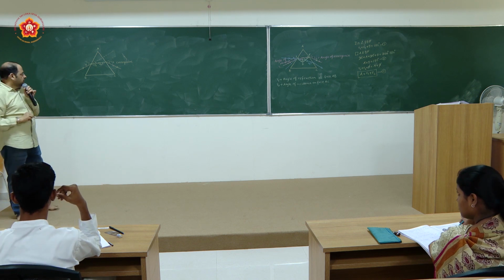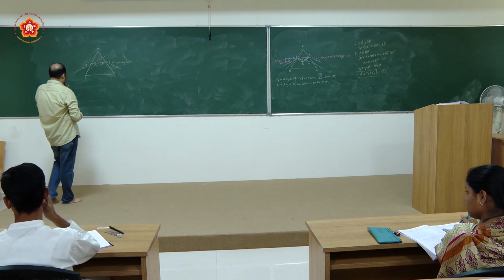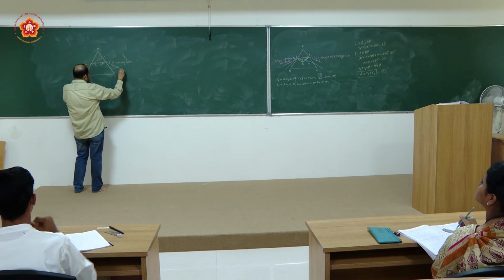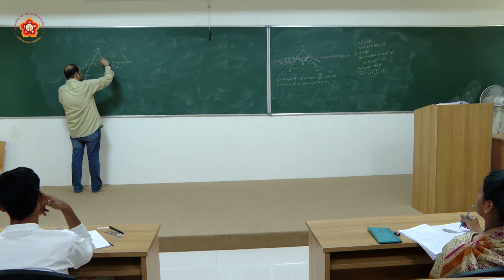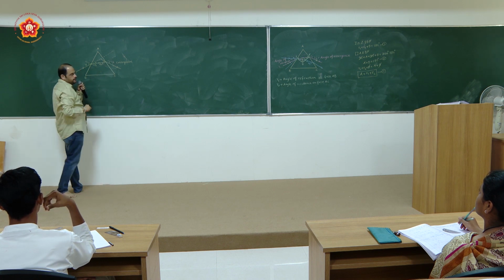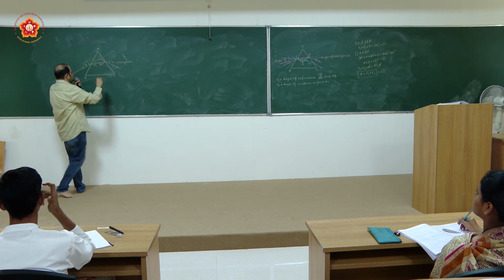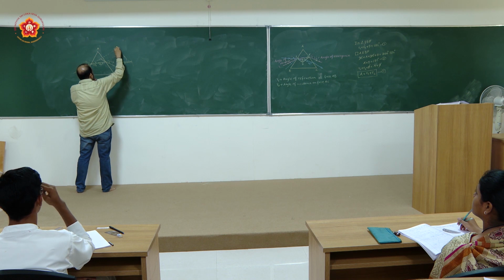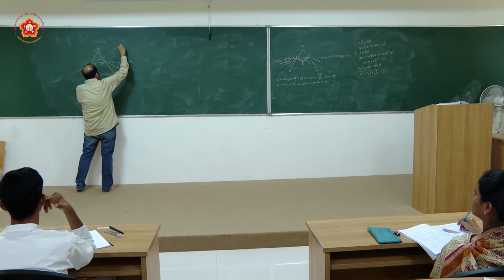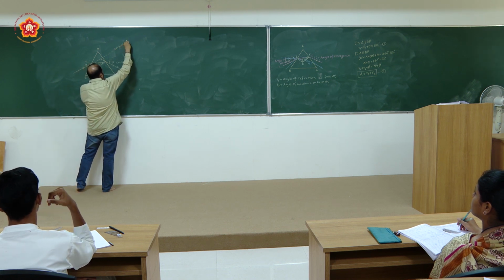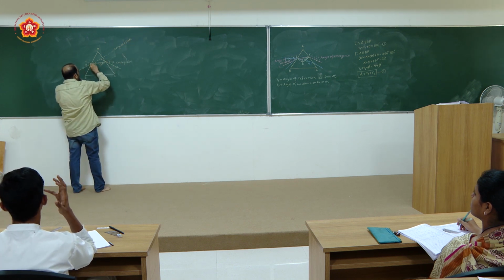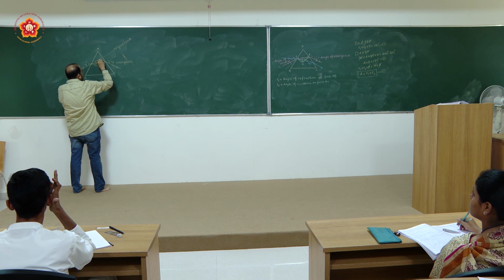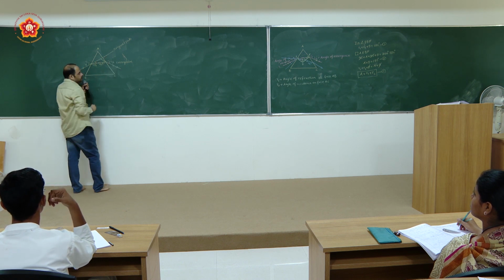Okay. Now, in this particular case, the light travels in a straight line, so it appears to me that it is traveling along this direction. This represents the original path of the ray of light. If the prism would not have been there, the light would have traveled along a straight line in this manner.